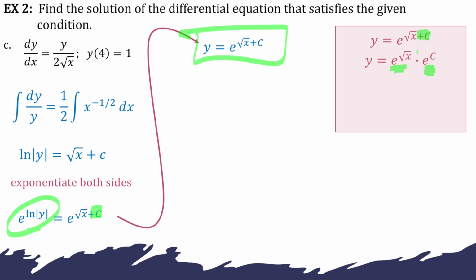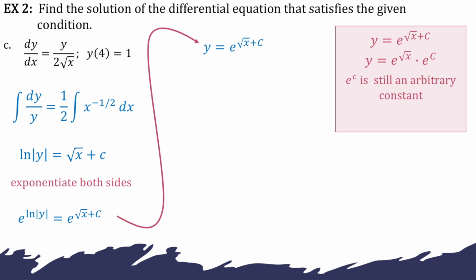And e is a constant and c is a constant. So e to the c is still kind of an arbitrary constant. So we could actually rewrite it as y equals e to the square root of x times c.